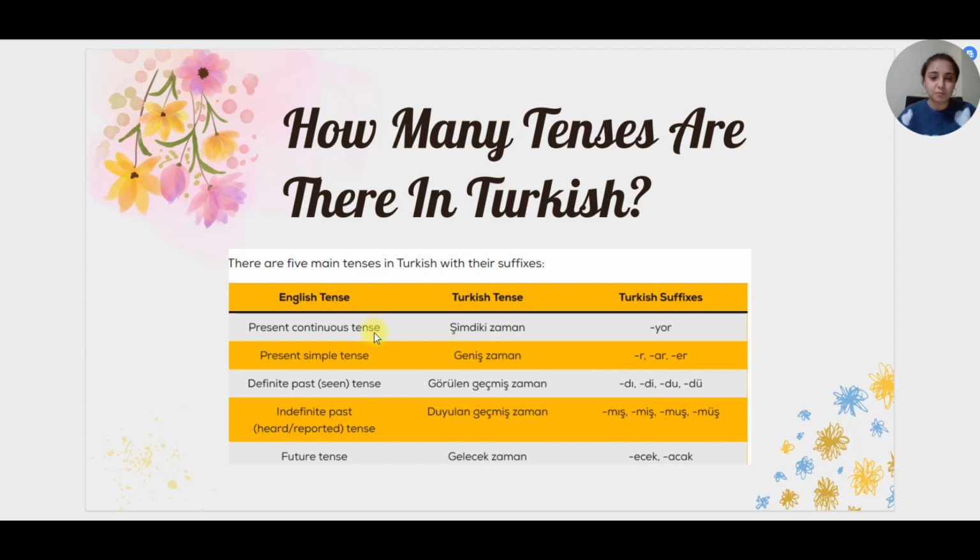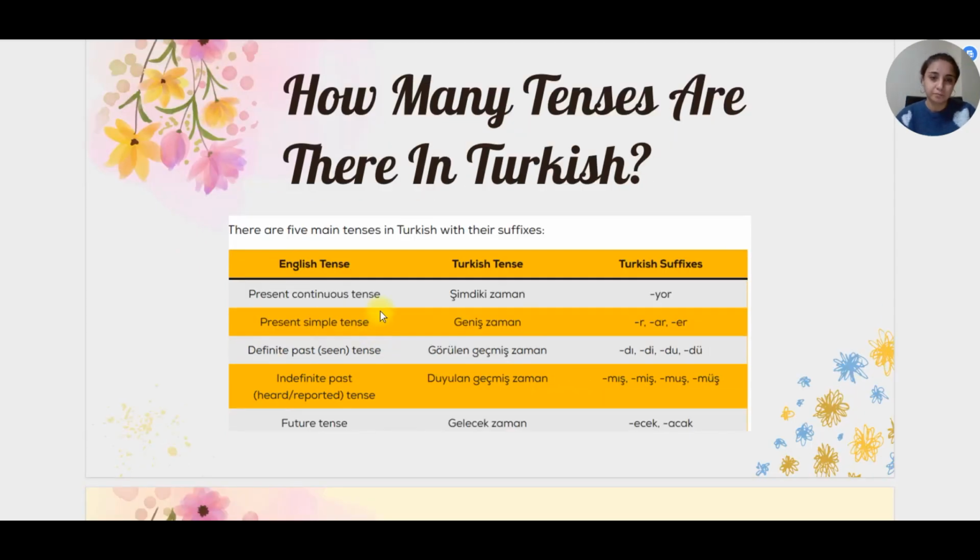First tense is present continuous tense, and mainly we have 5 main tenses, but with B1 and B2 you will see more different tenses because we have some special tenses to express some events, which is a phrase or different words in English. For example, we have this indefinite past. It means we say reported past tense.